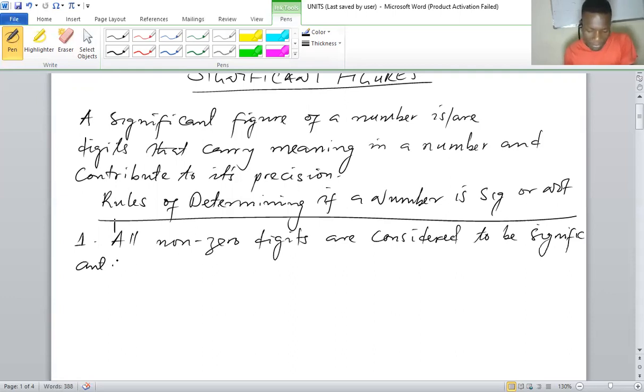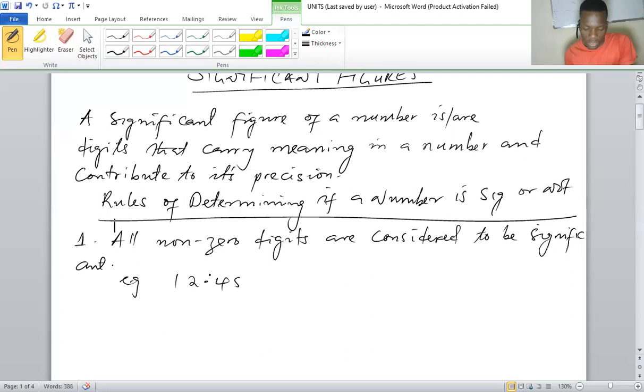So if you have, for instance, 12.45, then all these digits in this number are significant.